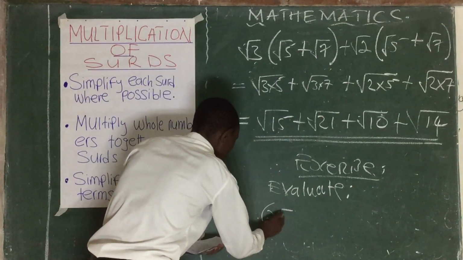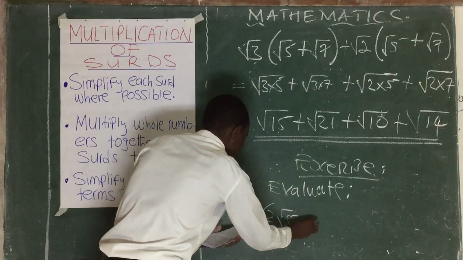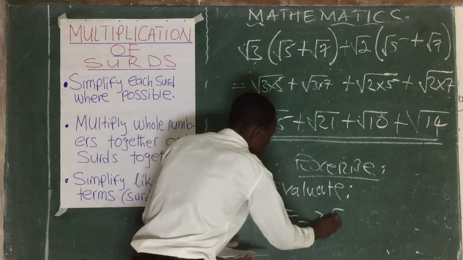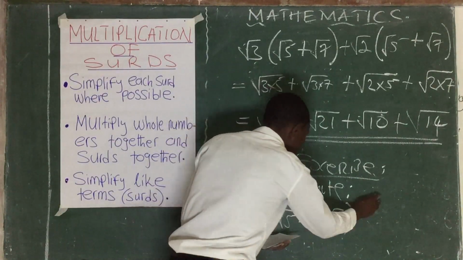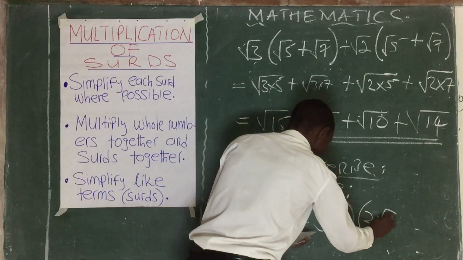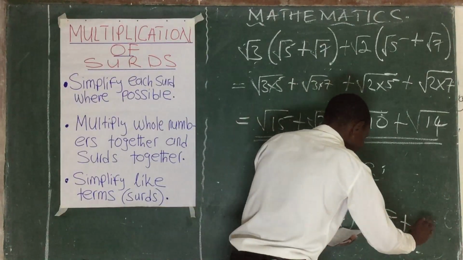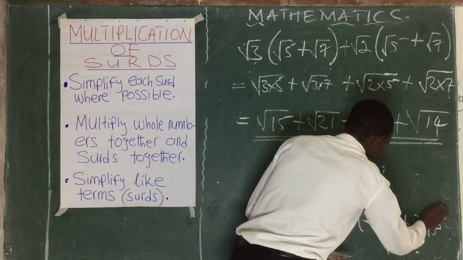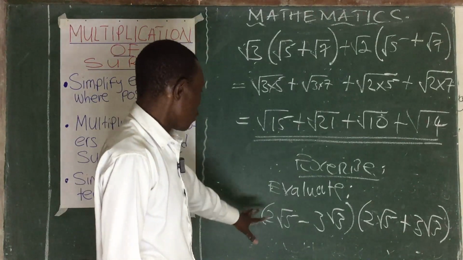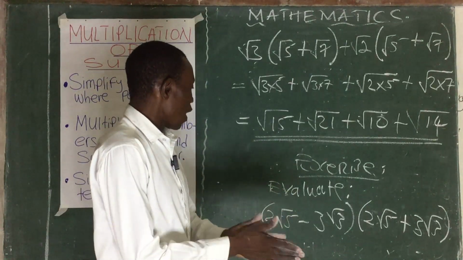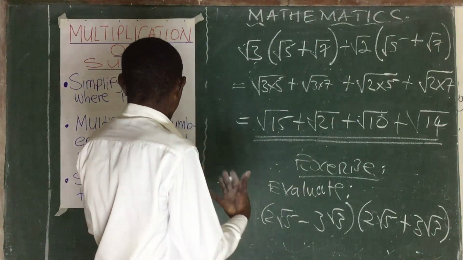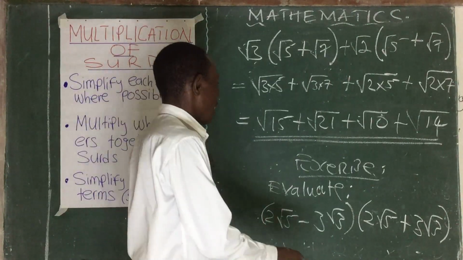That's 2 root of 5 minus 3 root of 3, product 2 root of 5 plus 3 root of 3. If you manage to work this one very well and find the answer, then hopefully now we are together.